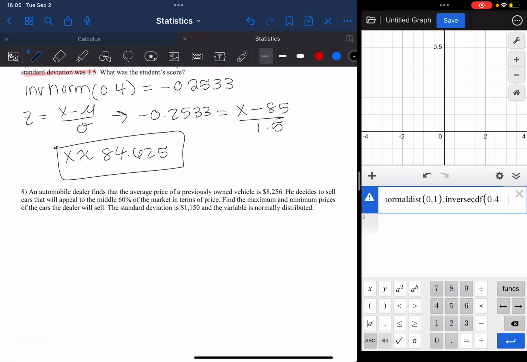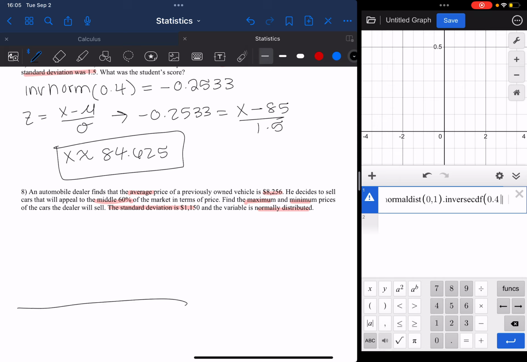Okay. Number 8 says the automobile dealer finds that the average price of a previously owned vehicle is $8,256. He decides to sell cars that will appeal to the middle 60% of the market in terms of price. Find the maximum and minimum prices of the cars the dealer will sell. The standard deviation is 1150 and the variable is normally distributed.